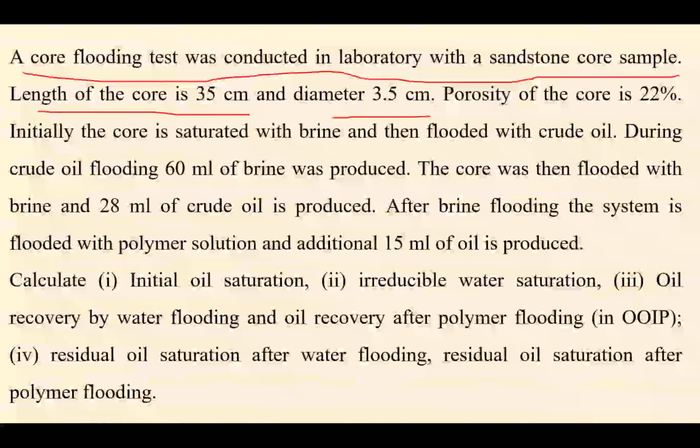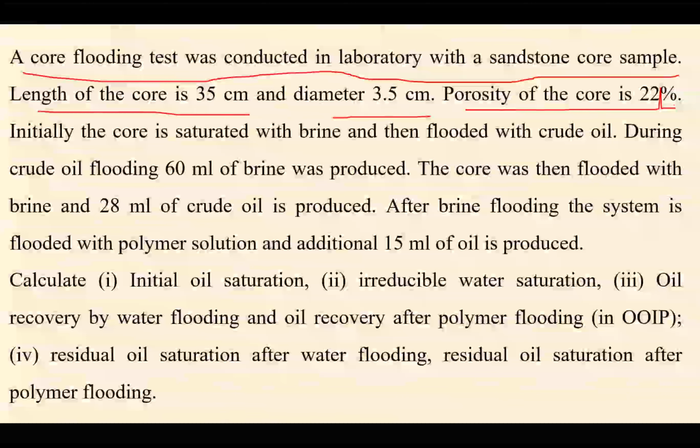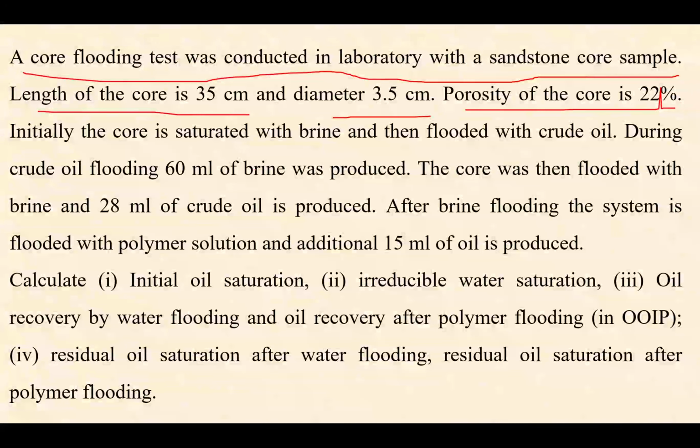That is, the dimension of the core is known, and the porosity of the core is 22%. You can measure it by saturation method or any other method. There are so many methods for measurement of porosity, like helium porosimeter, gas porosimeter, that is, the nitrogen porosimeter.